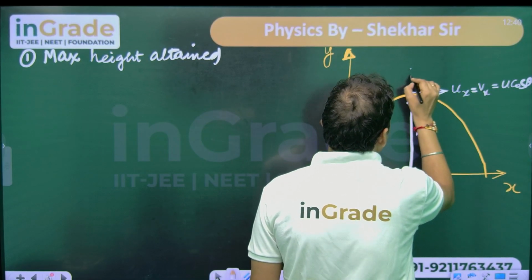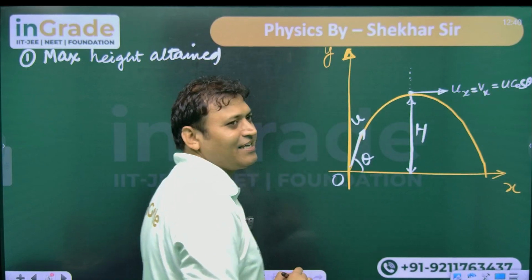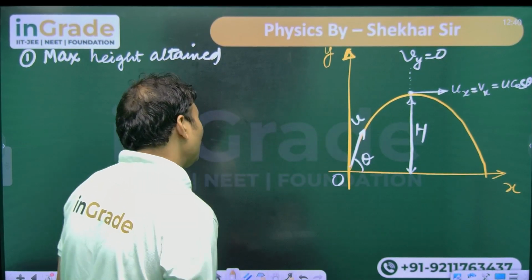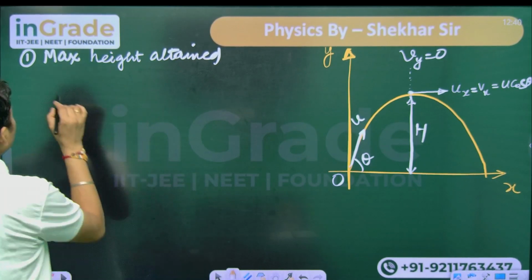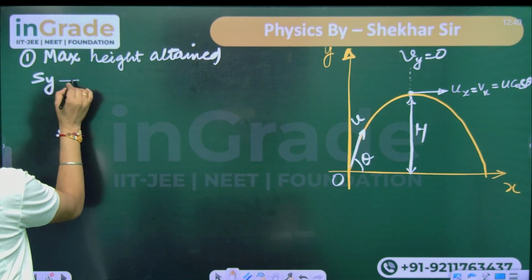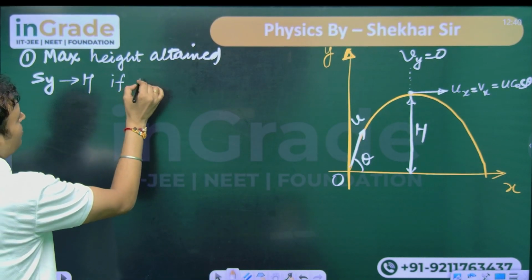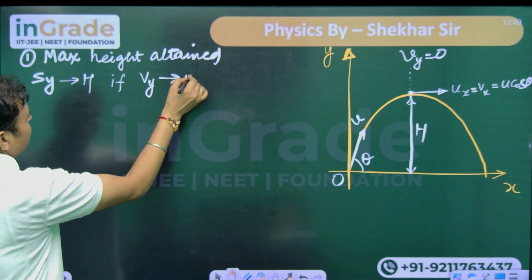There is no velocity in y direction at the highest point. We can say Vy is equal to 0. So from this condition we can say Sy will become h if Vy becomes 0.